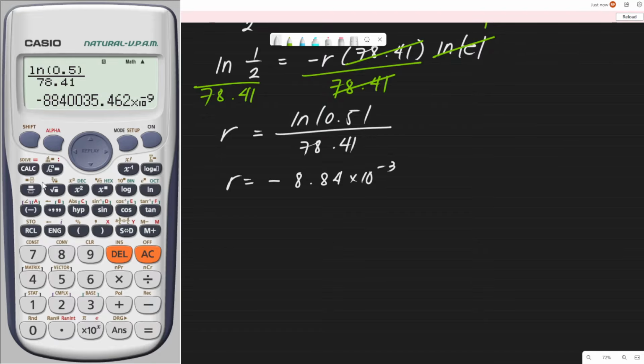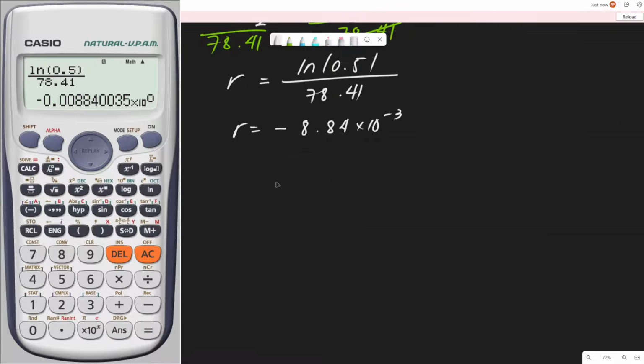Okay? So we go to times 10 raised to 0, and we have 0.0088. This is equivalent to 0.0088. That is our rate.